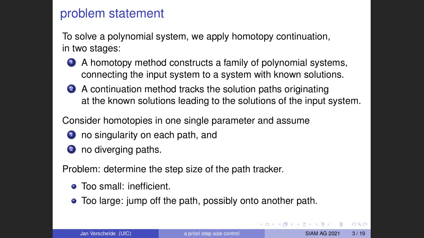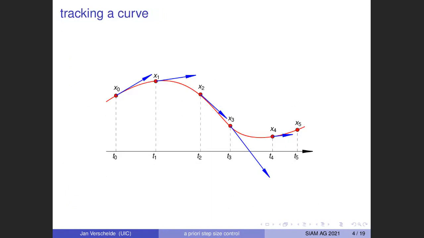So we want to determine the step size of the path tracker, keeping in mind that we do not want to keep our step size too small because then we have to take too many steps. And we also certainly do not want to lose any of the paths, which could happen if we set our step size too large.